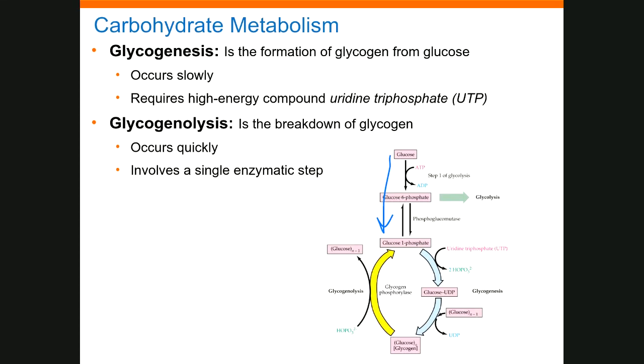So anytime, again, genesis, we tend to say we're building. Anytime we're lysing, we're probably breaking. Okay, so glucose in certain cells, this can happen in our liver, this can happen in our muscles, can be converted to glycogen and stored.